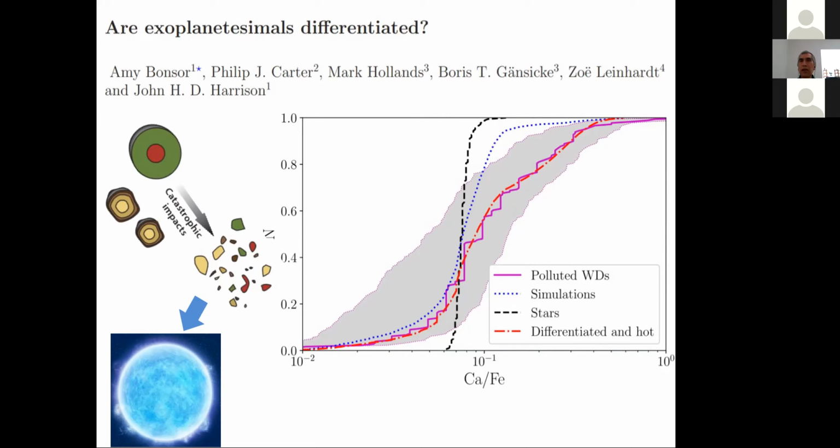So they have pieces that are from the inner part of an asteroid, for example, and pieces that are from the other part, or mixed materials as well.